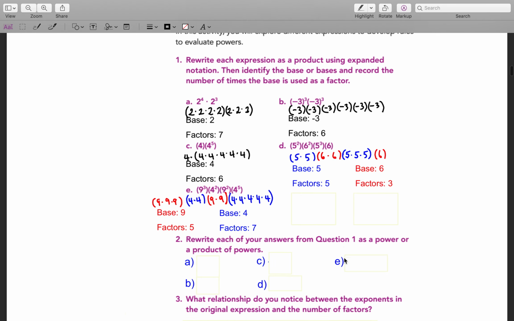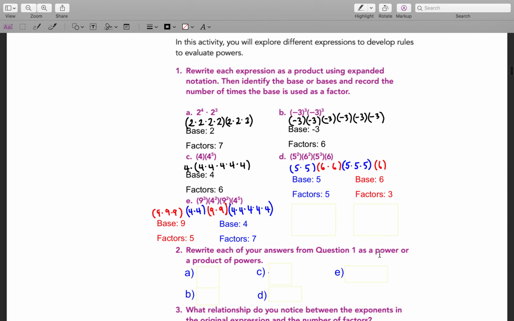So let's rewrite each of your answers from question 1 as a power or a product of powers. So we have a base here, and the factor is 7. So we can rewrite 2 to the fourth times 2 to the third as 2 to the seventh, because the base is 2 and the factor is 7. Same thing for B. We have negative 3 for the base, and we have 6 of the negative 3's. So we can say, in parentheses, negative 3 raised to the 6th power.